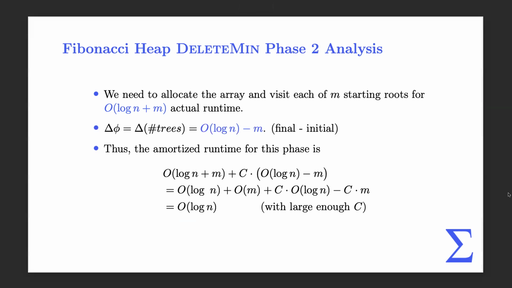So amortized accounting with this potential function, being just the change in the number of trees, is another consideration in the design of the potential function. You wanted to get a minus m in here so that it would cancel out, which is how you would go about designing a potential function like this. But yeah, delete is log n. Any questions about that?